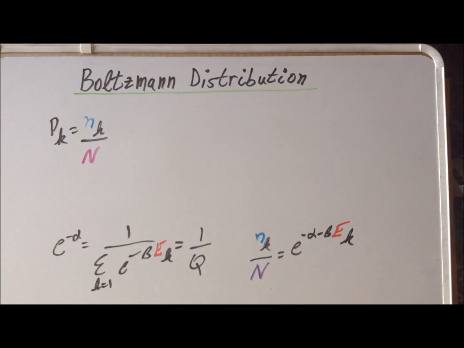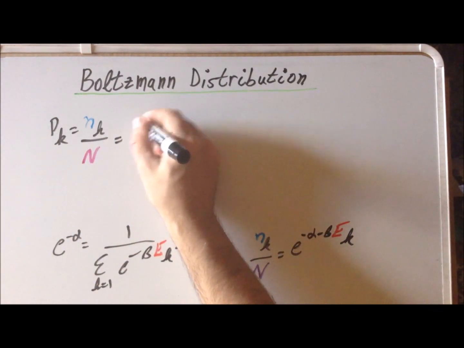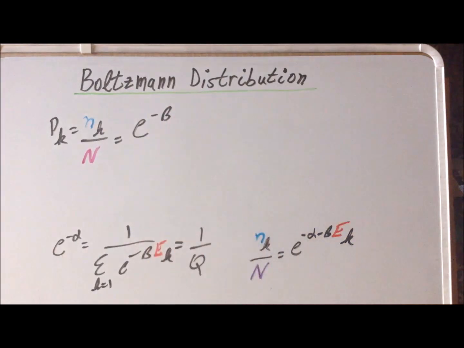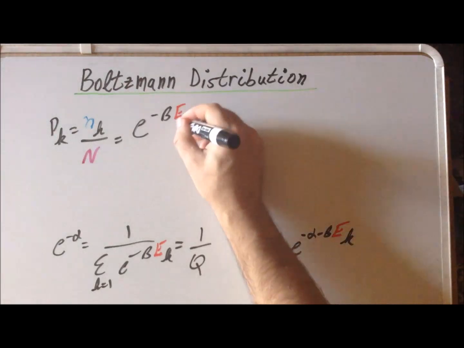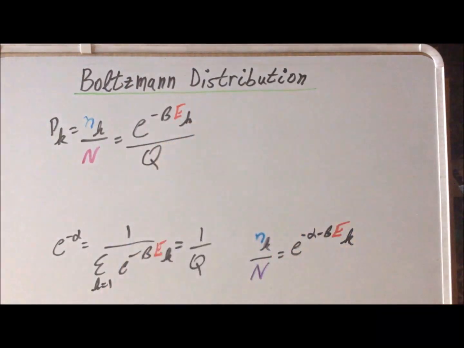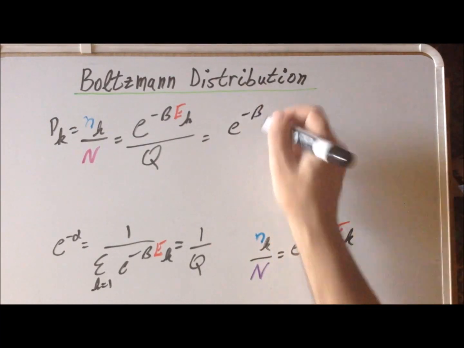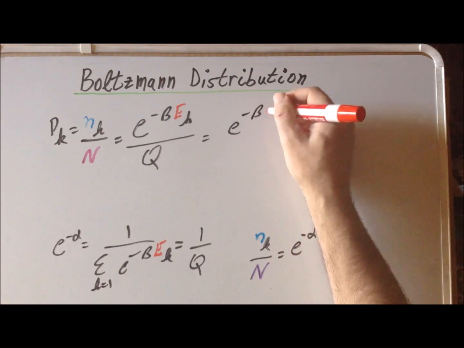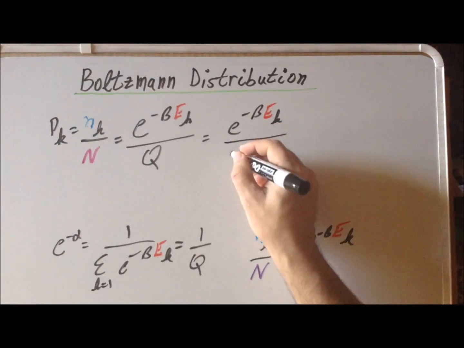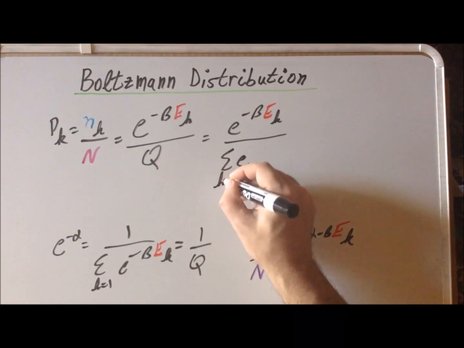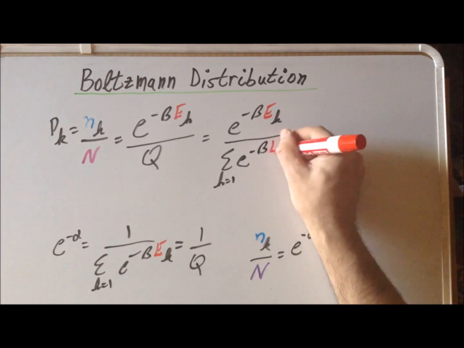And we saw that this is going to be equal to e to the minus beta times energy E sub k divided by the canonical ensemble partition function Q, which is equal, and we'll write out explicitly what this is, the sum over all the k's of e to the minus beta e sub k.